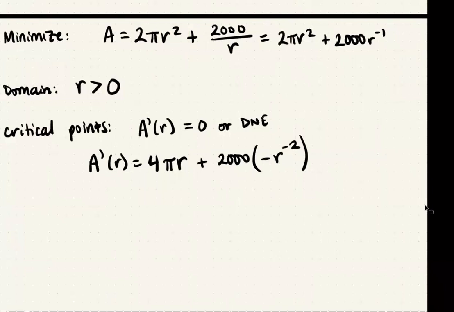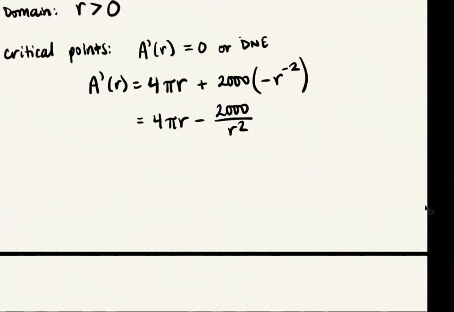So really I have that the derivative is 4 pi r minus 2,000 over r squared. And that's where I can come in and say the derivative does not exist when r equals 0. I could have argued that here because the function itself doesn't exist there. So one of the points is going to be r equals 0. It's one of my critical points, or one of the points where the derivative doesn't exist.